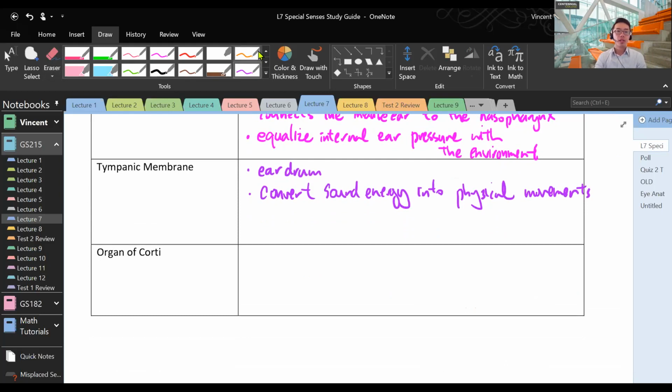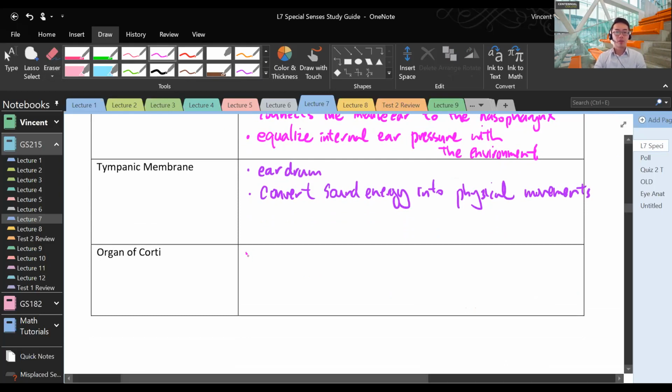We also have the organ of Corti that we briefly mentioned earlier. It contains hair cells, which are a type of mechanoreceptor.